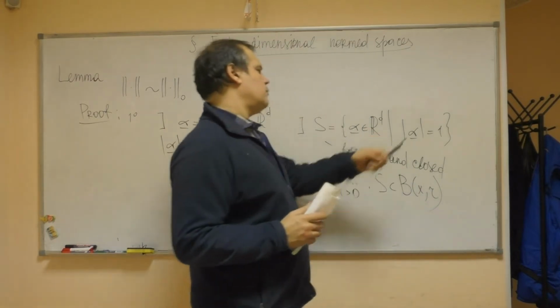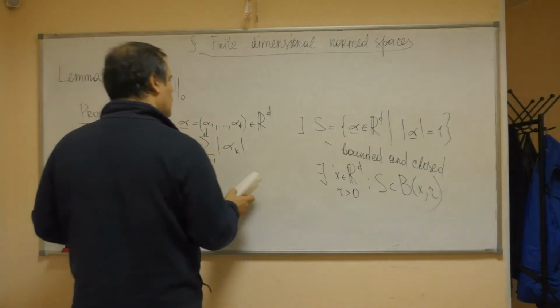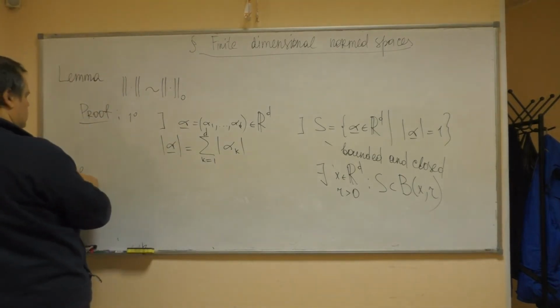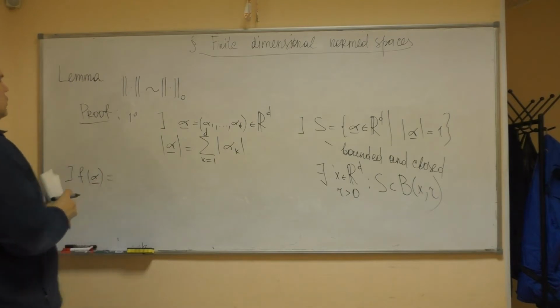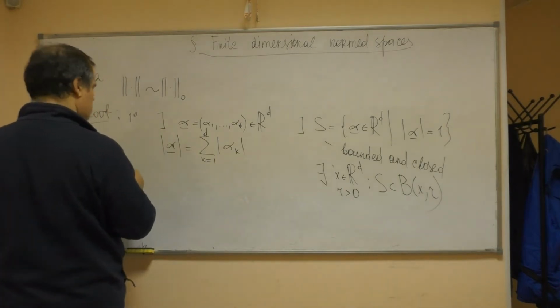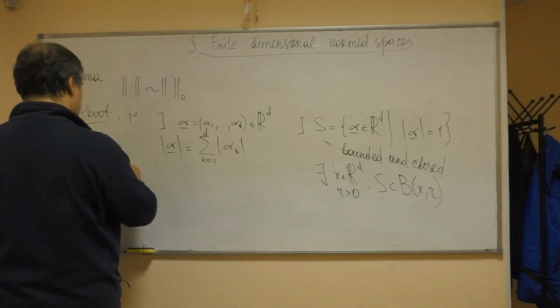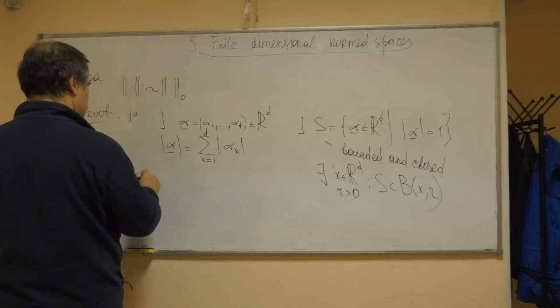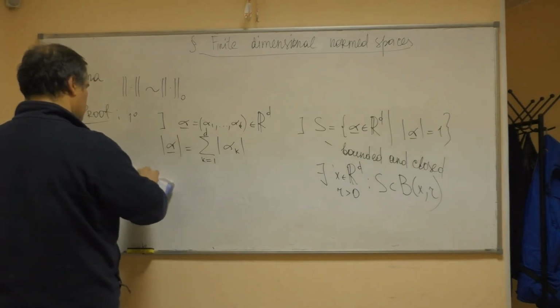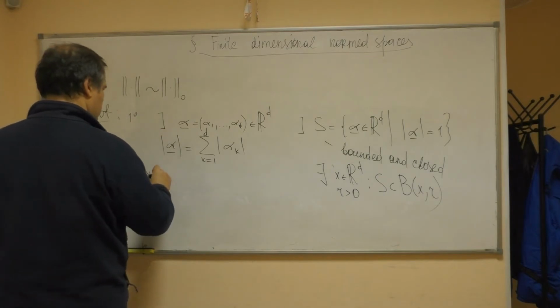So we have this nice set, and let us consider a function defined on alphas, for each alpha, and it is calculated from this formula.